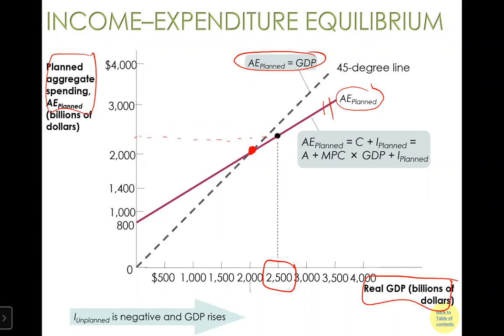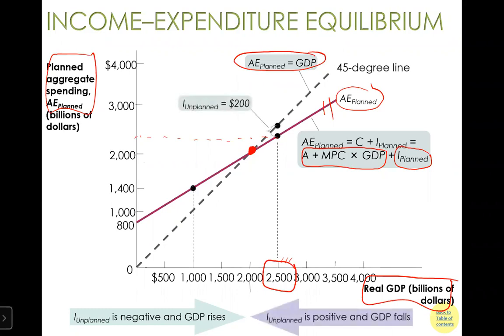The consumption will follow this line, and the investment was fixed at 500. We can go back to the table we saw previously, but to save time, I'm going to tell you that if everyone was expecting real GDP of 2,500 billion, that implies a planned aggregate expenditure of 23, right over here.